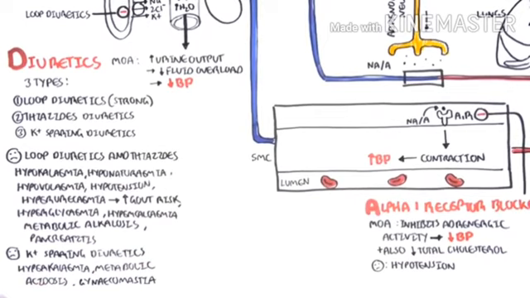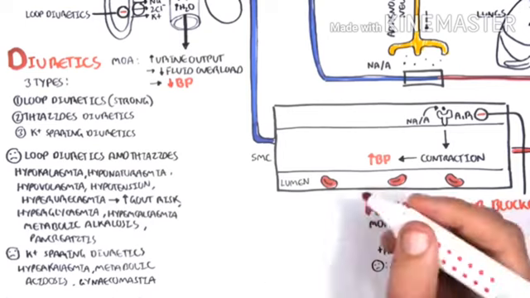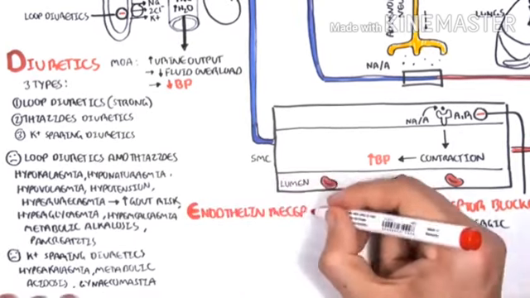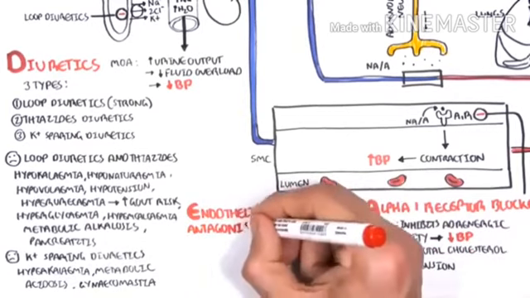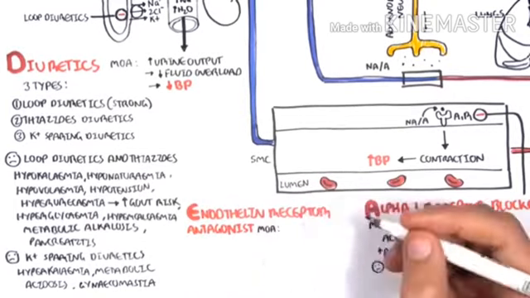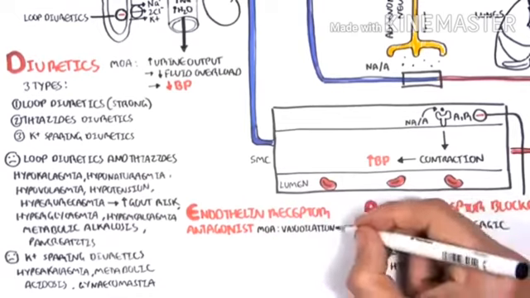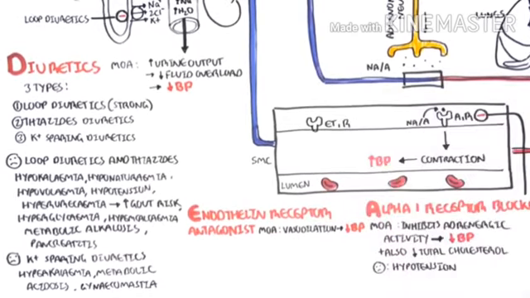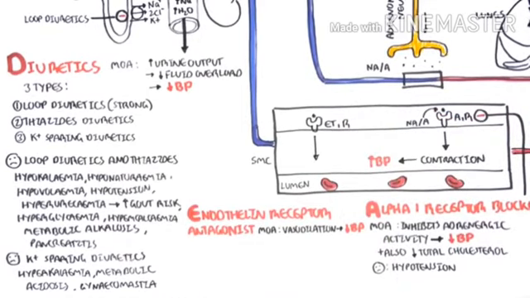Moving to the last class of drugs, the endothelin receptor antagonists. These drugs act on the blood vessel lumen. The blood vessel lumen consists of smooth muscles. On the smooth muscle there are endothelin receptors.